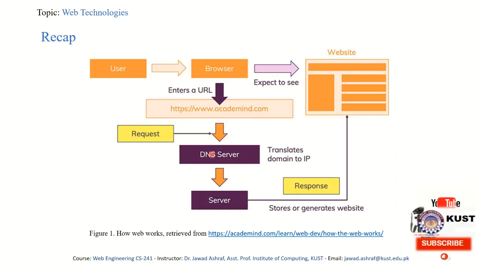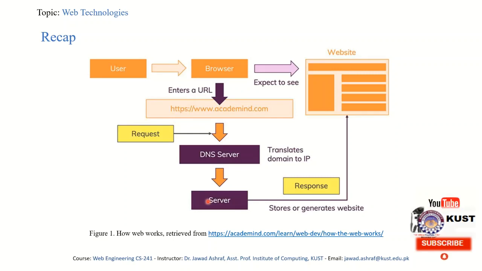Once it finds the server, the request is sent to that hardware server, the machine server. And inside that machine, different softwares are running, and one of those software is a web server. That could be Apache web server or an IIS web server.